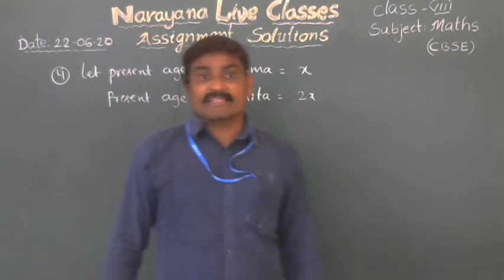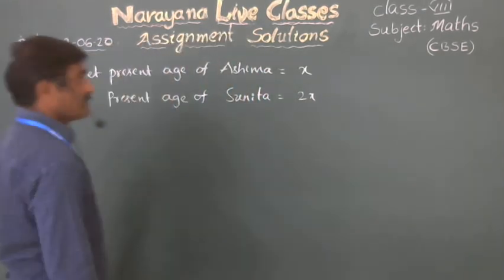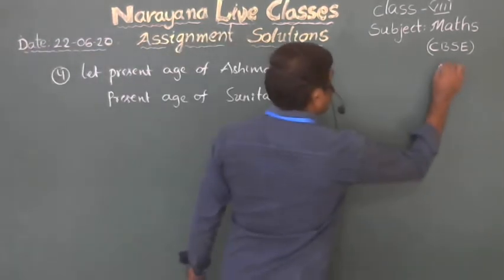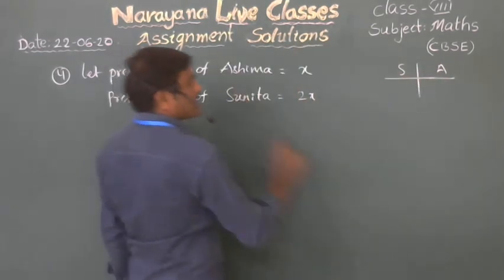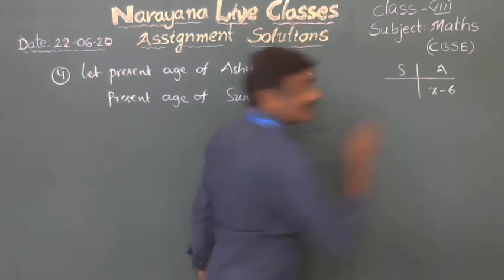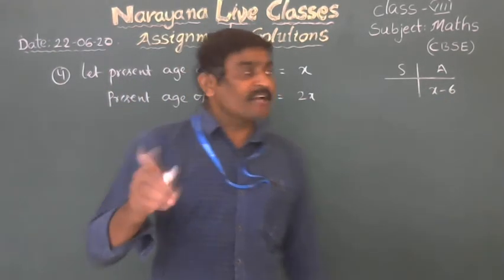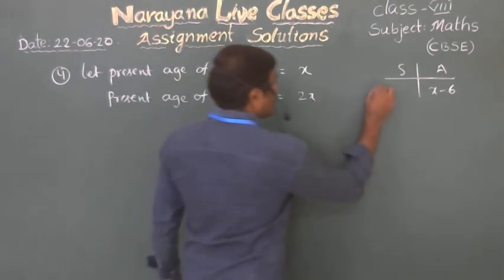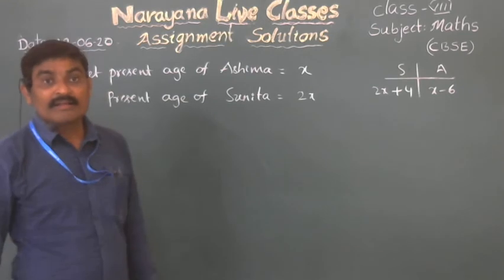Now what happened here? 6 years is subtracted from Ashima's age, that means x minus 6. And 4 years added to Sunita's age, 2x, means plus 4.